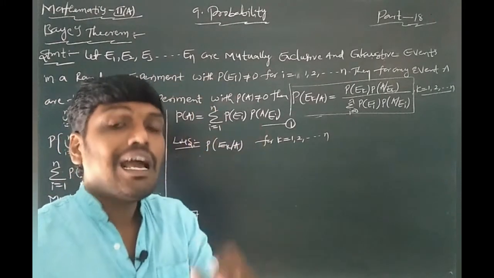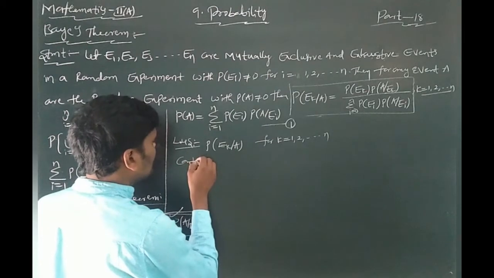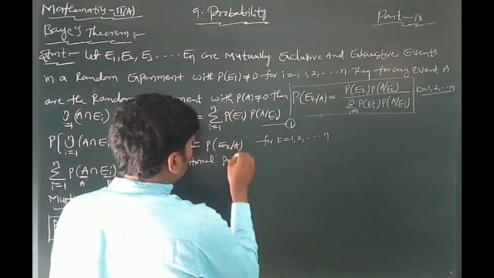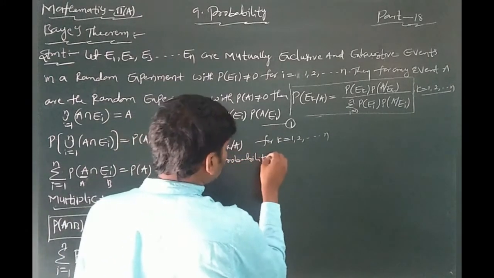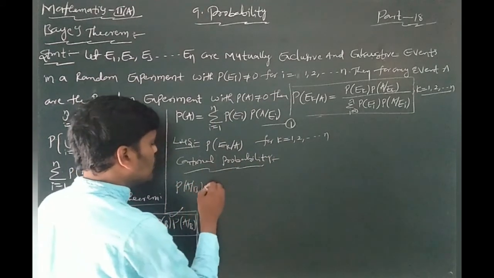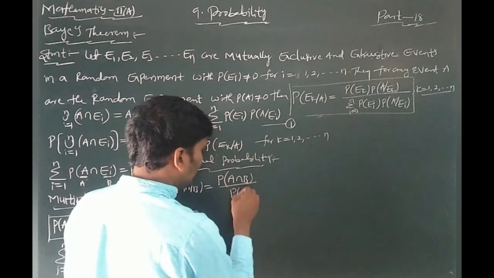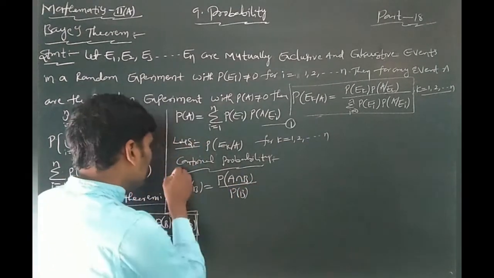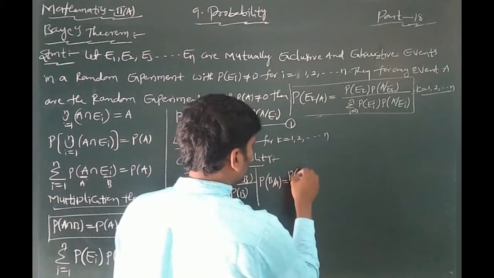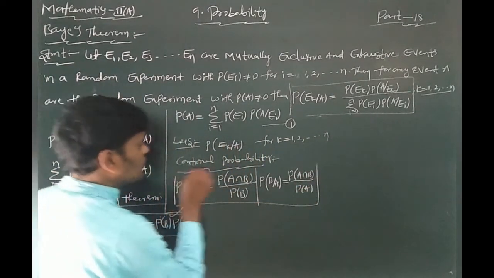Here you can use conditional probability. What is the formula of conditional probability? You know that formula: P of A by B is equal to P of A intersection B by P of B. Or P of B by A is equal to P of A intersection B by P of A. You can use either of these two formulas.